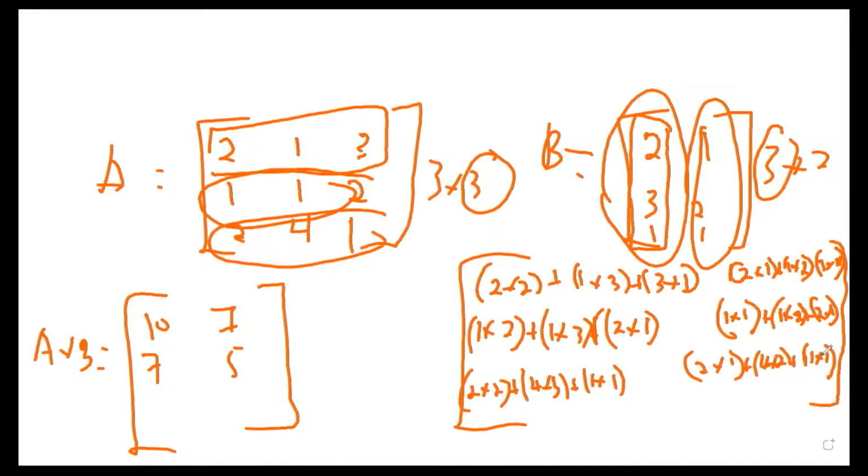What am I going to have? 2 times 2 is 4 plus 4 times 3, that is 12. So that will give you 14 plus 1 times 1. This should give you 15. This is 2 times 1 plus 4 times 2. That should give you 10. Plus 1 times 1 should give you 11. What I've done is I've multiplied two what?